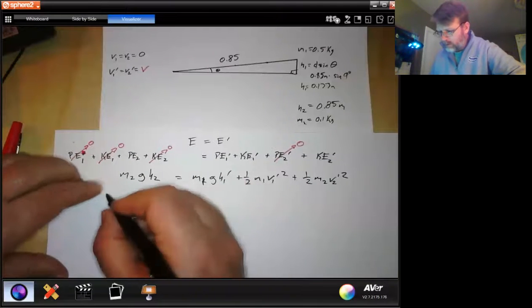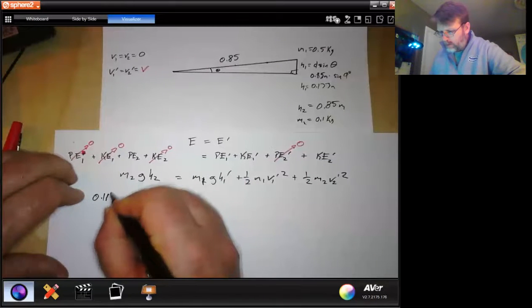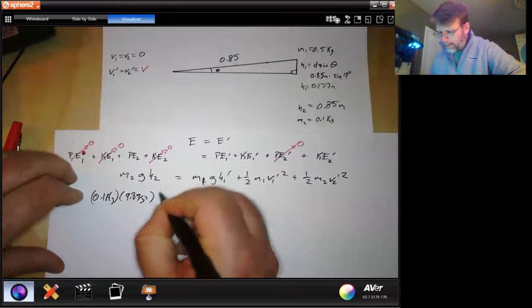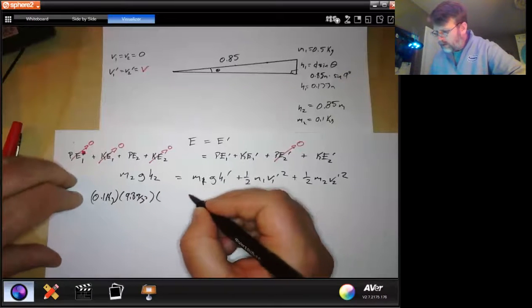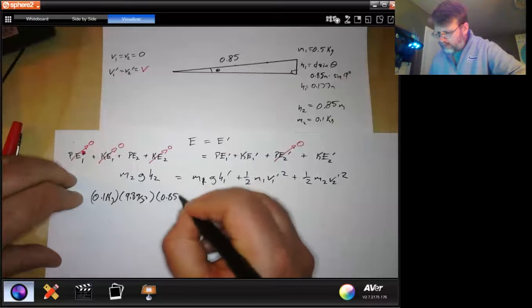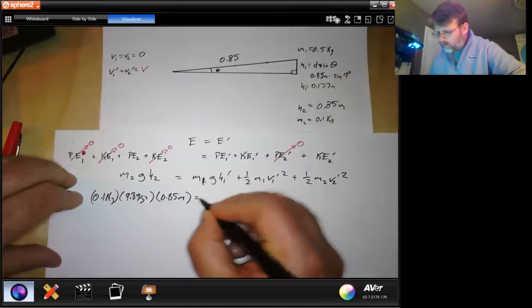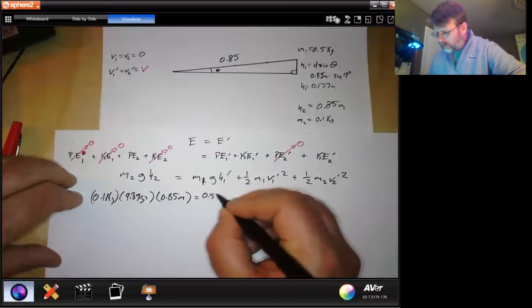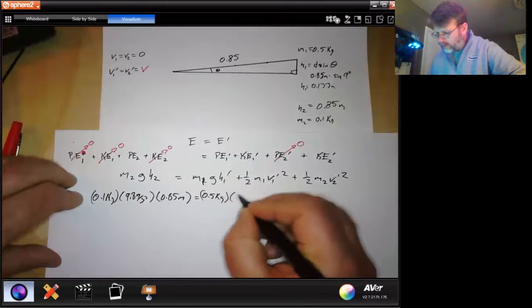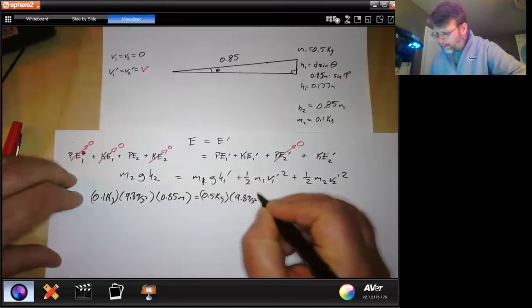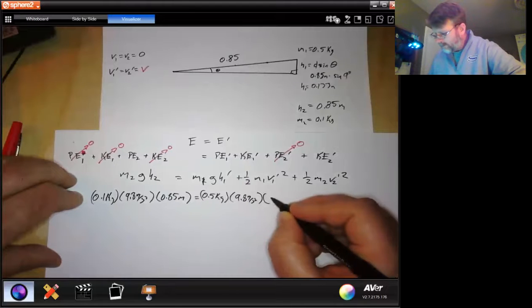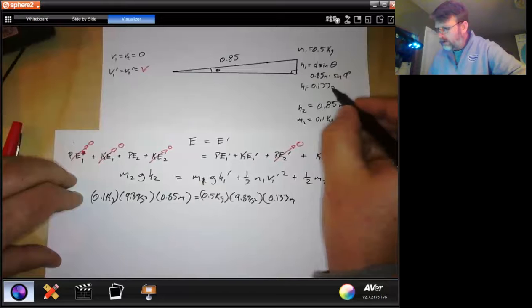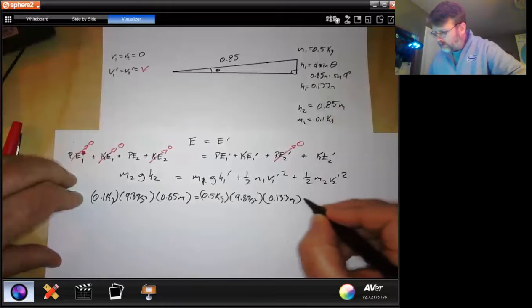M2 was 0.1 kilograms, H was 0.85 meters, equals 0.5 kilograms. It ends up in the air, and that's where we introduce this.